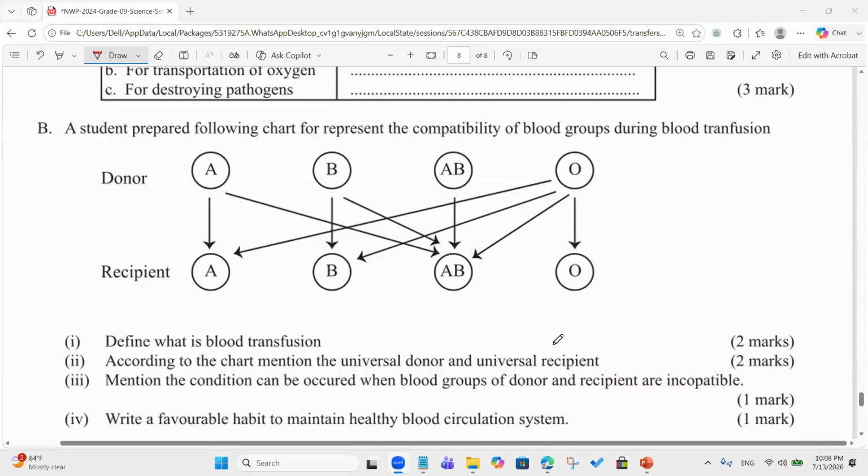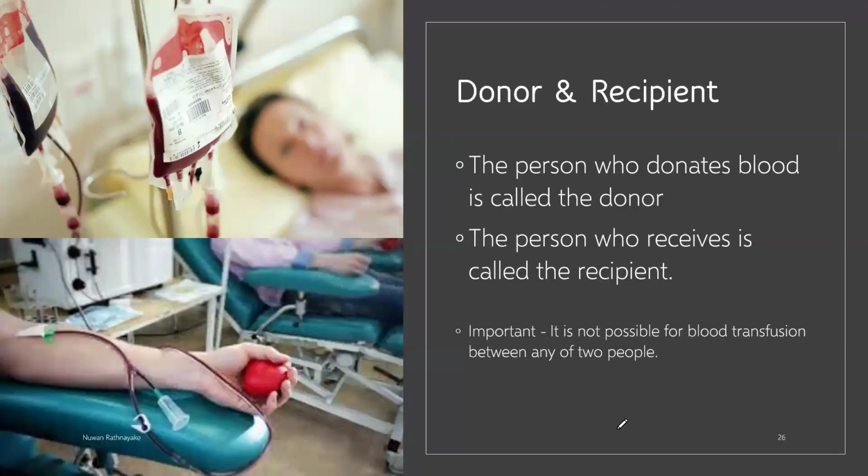According to the chart mentioned, the universal donor and the universal recipient. Who is the universal donor? That means that person can donate blood to anyone. The O type. Yes, Lamai? The person who donates blood is the donor. So if he can donate blood to anyone, he is the universal donor, right? And the person who receives blood is the recipient.